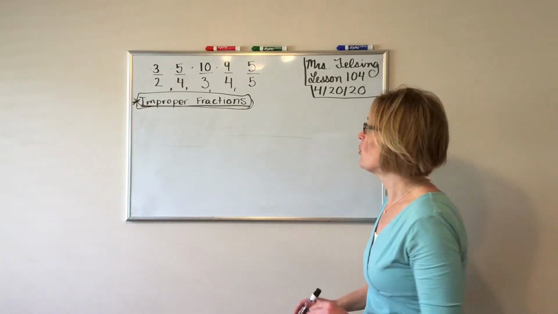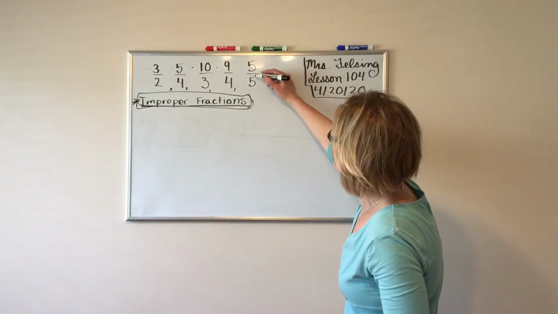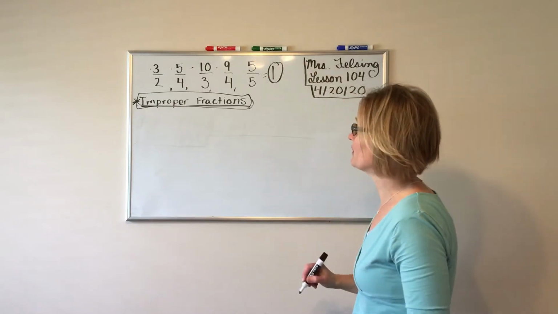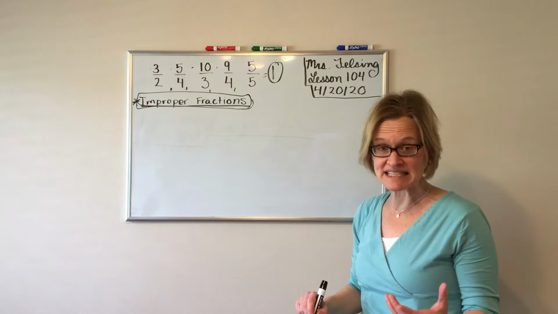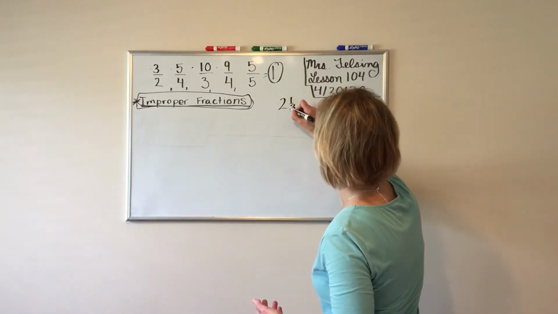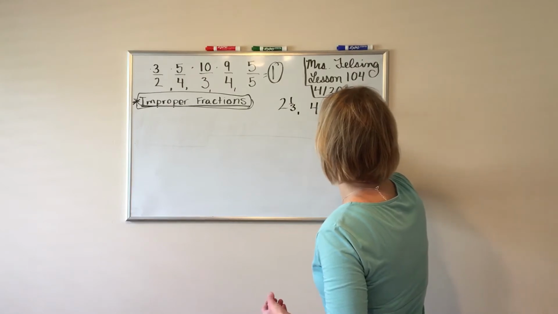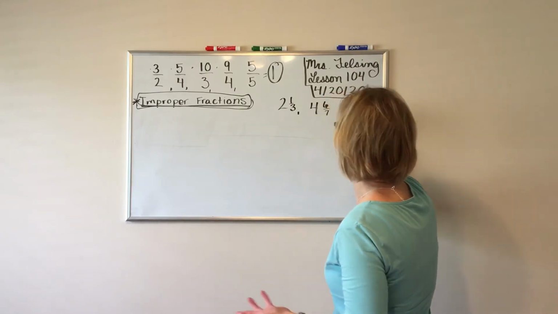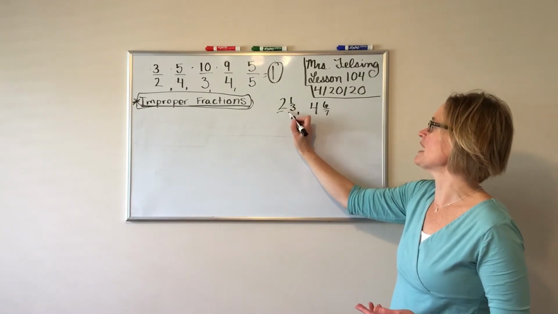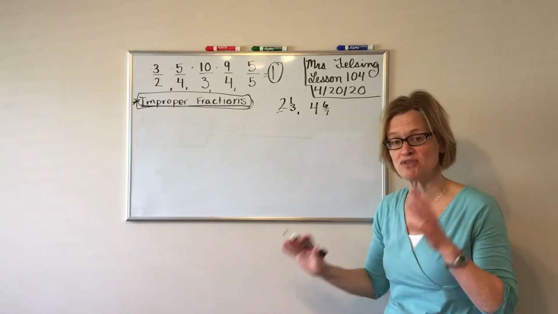Now, a whole number would be an example like, see how 5/5 equals 1. So that's a whole number. A mixed number would be if you have something like 2 1/3 or 4 6/7. So a mixed number is where you have a whole number and a fraction. Okay, so that's what they're talking about.